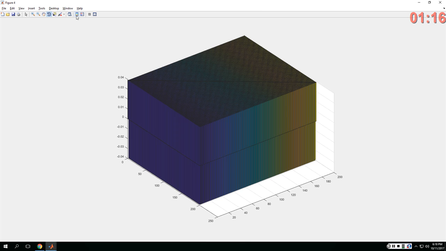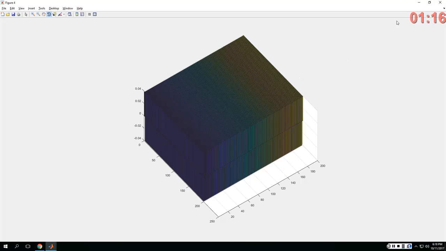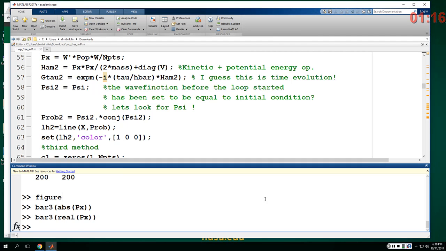Well, it's not 0, but it is consistently small, I would say. Or maybe I made some big mistake. But I would like to believe that it is just consistently small. Now, what if I do the imaginary?